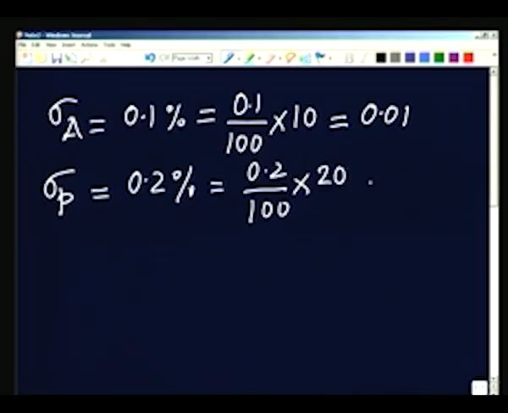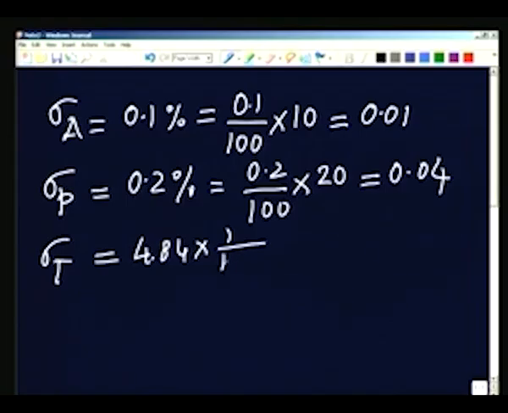That will give you 0.04, and sigma T will be 1%, that means 4.84 into 1 over 100, which is 0.0484.